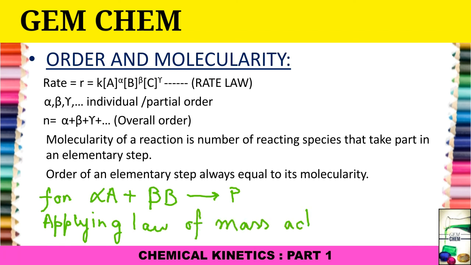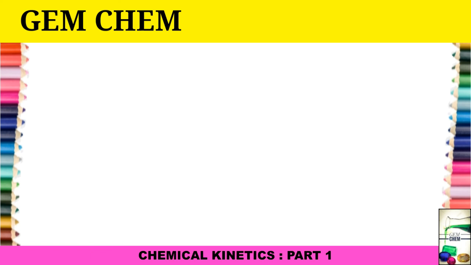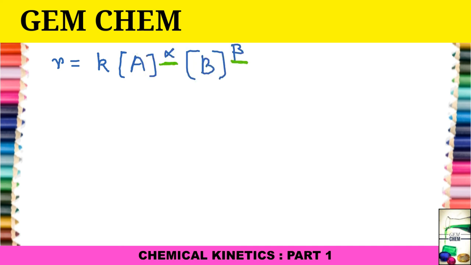So from here we can write our rate as rate equals k [A]^alpha [B]^beta, because they were present as stoichiometric numbers, right? More specifically, these are stoichiometric coefficients.